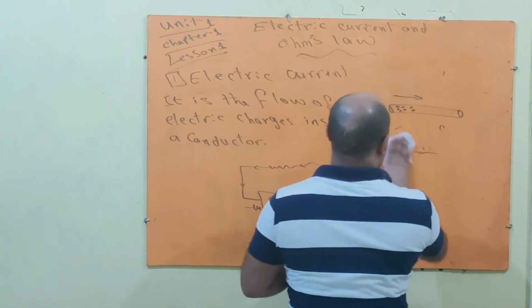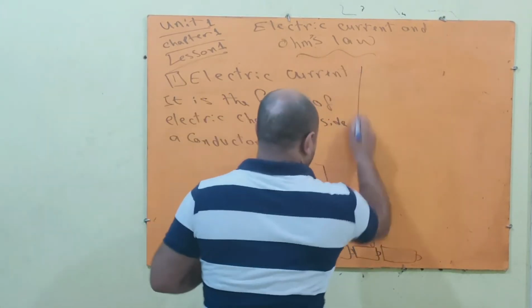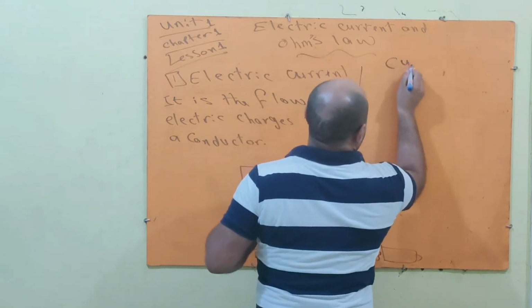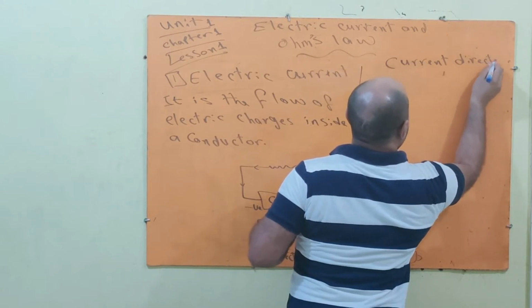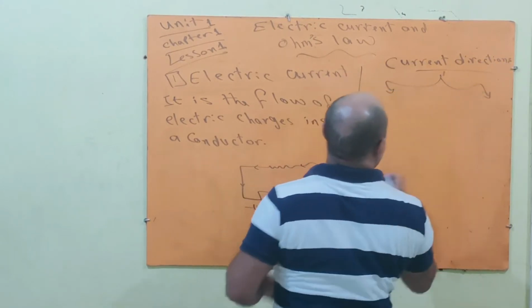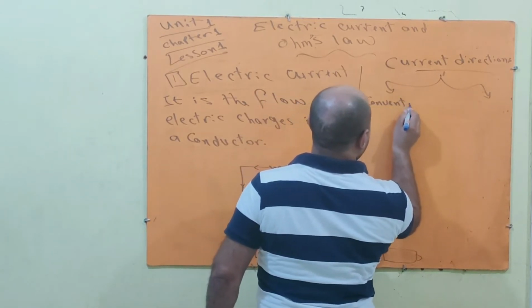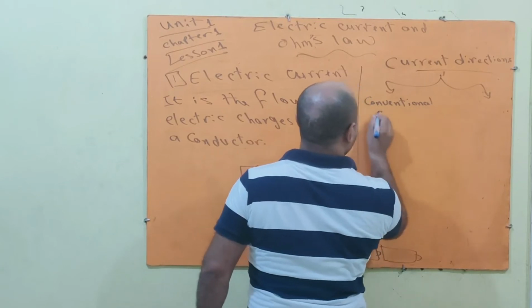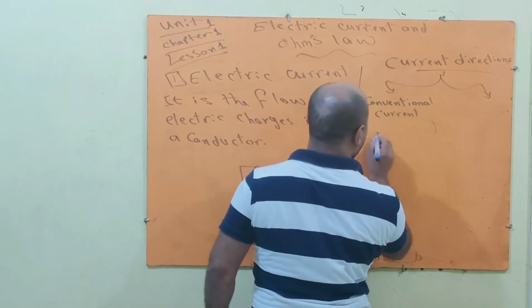Now we're going to talk about current directions. We have two main current directions. Conventional current, which is called also current flow.